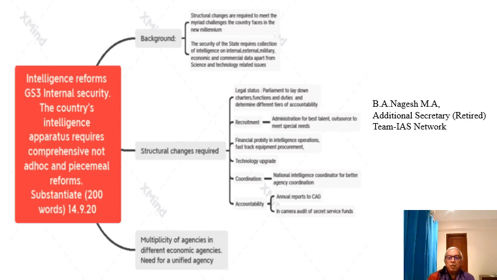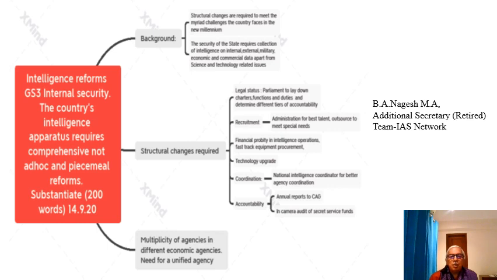You see hostile neighbors, you see the threats from cybersecurity, cyber warfare, then you see the problem of left-wing extremism in different parts of the country, emergence of the new red corridor, money laundering. So all these are challenges which the country is facing. So we require structural changes in our setup.